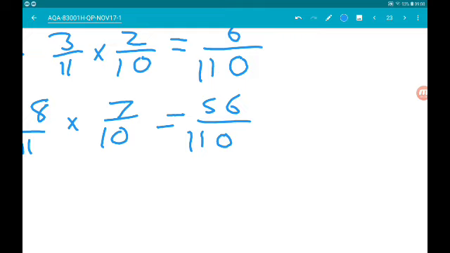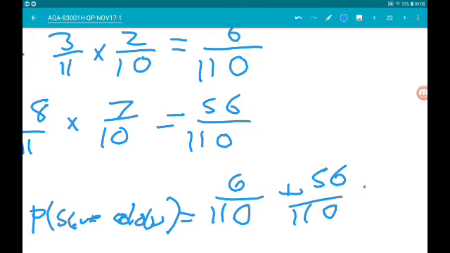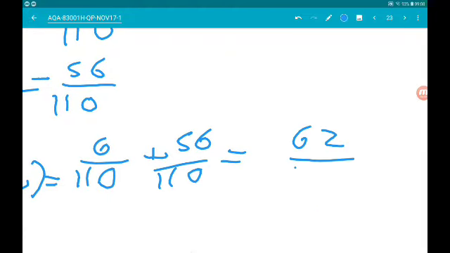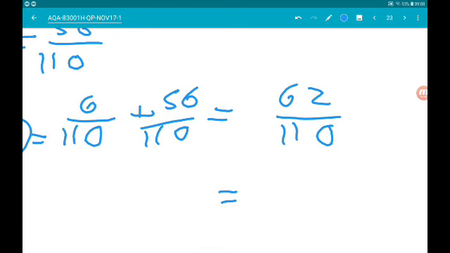So we get probability, let's call it same colour, is 6/110, and 56/110, which is 62/110. Now that would be fine because they haven't asked for it in its simplified form, but it does go down to 31/55.